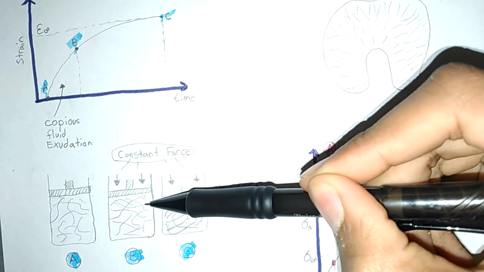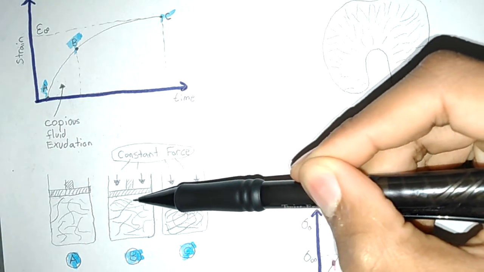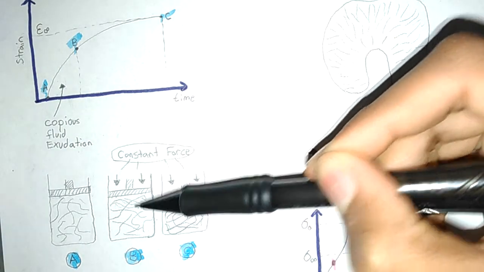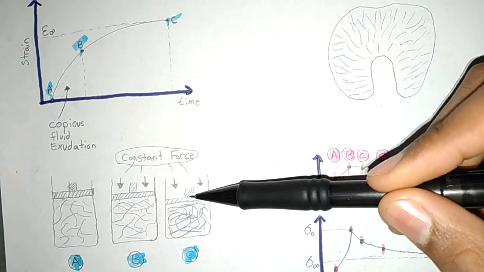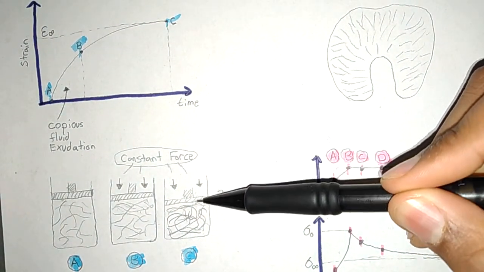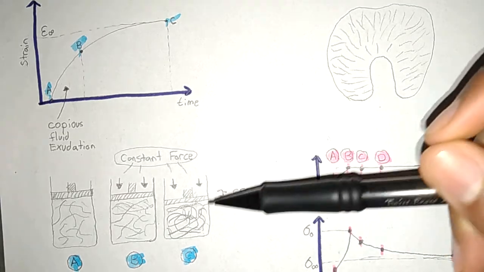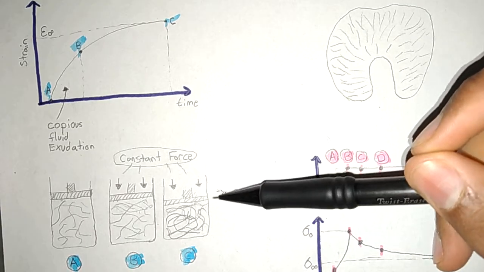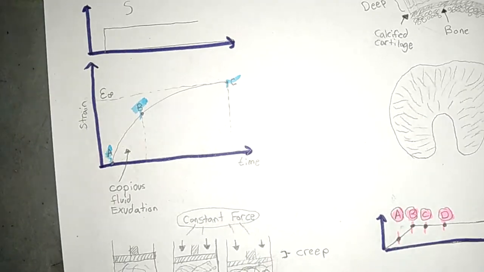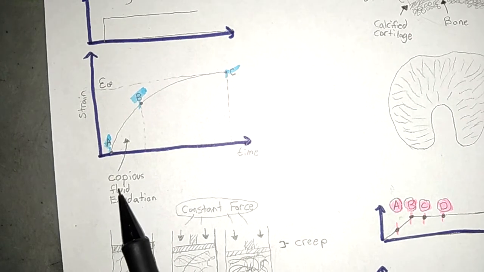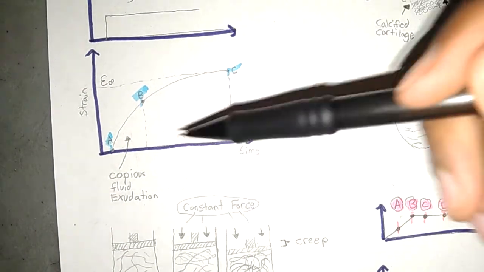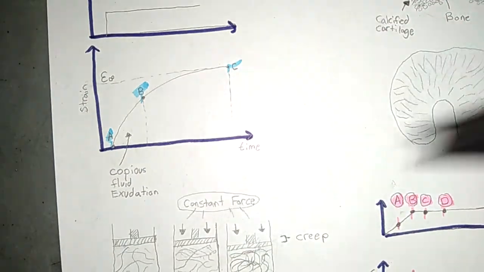Notice they're going to be a little flatter. By changing their shape a little bit, they're going to allow more deformation to occur. And then as time goes on, it will finally reach a final strain. And I skipped this part, but yeah, here, this is a copious fluid exudation.